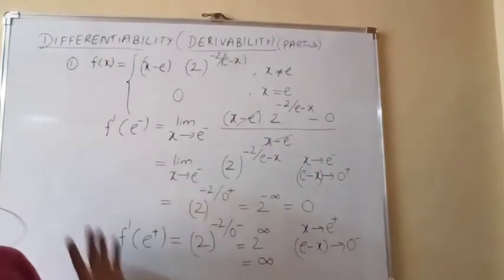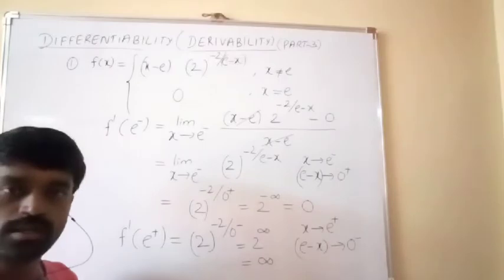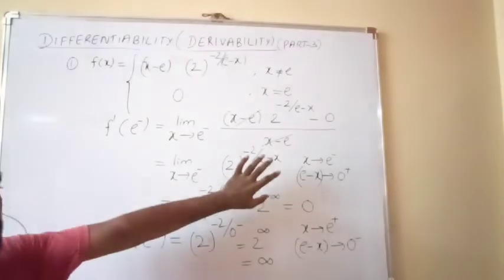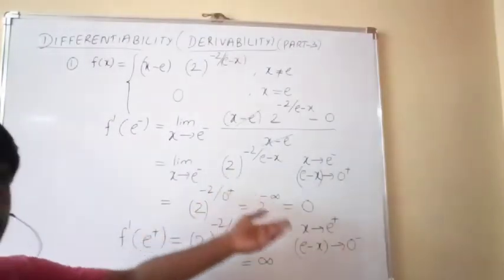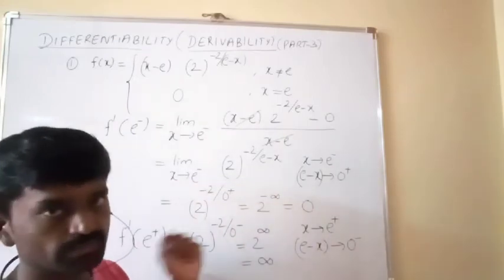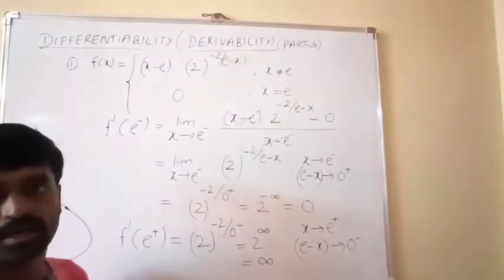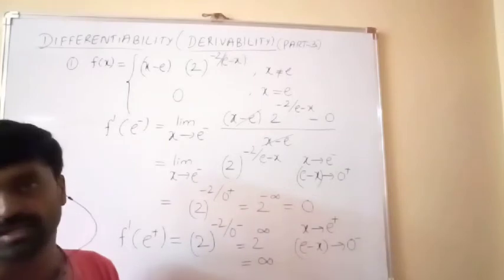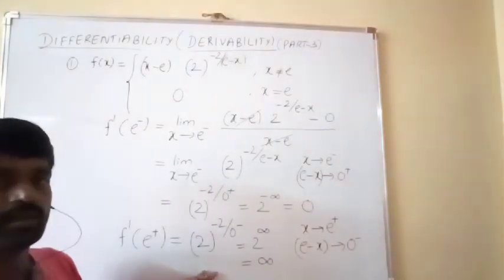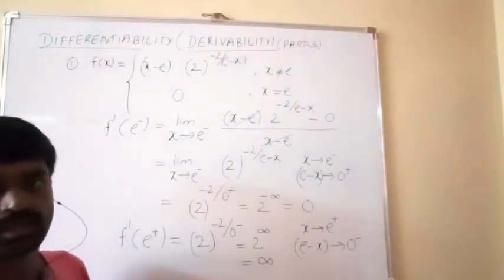Suppose for the same problem they ask to find the domain of f'(x), instead of asking to check the differentiability of this function at x = e. Here clearly f is differentiable everywhere except at e.